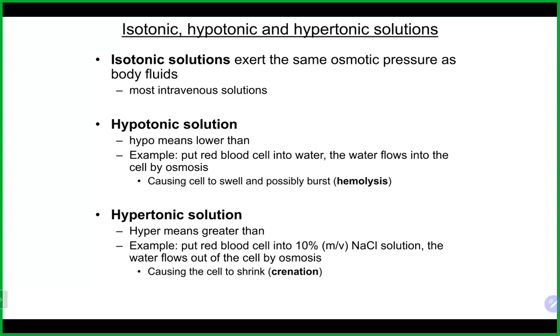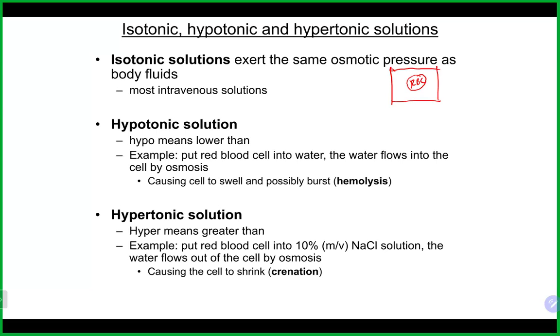There's isotonic solution. Isotonic solutions exert the same osmotic pressure as body fluids. Most IVs are isotonic. So what does that mean? It means, for example, if you take a red blood cell, which is the classic example, and you put it into an isotonic solution, basically the pressure outside of the cell and inside of the cell are going to be basically equal.